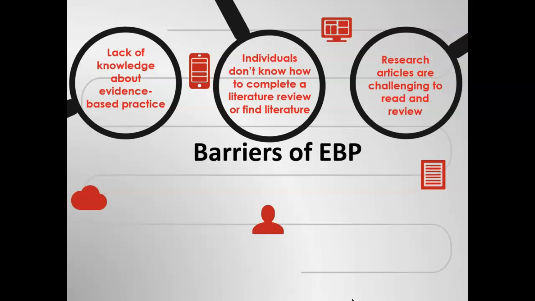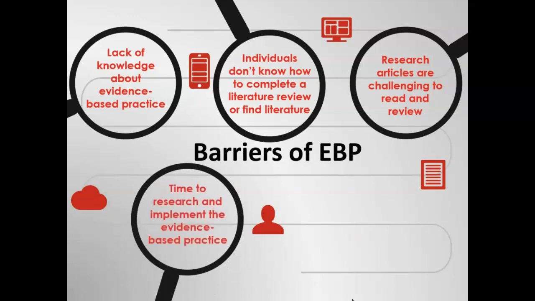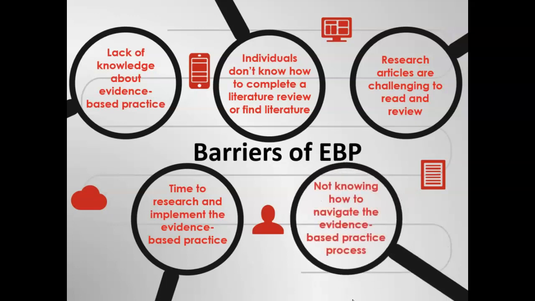Some of them are very difficult. Another one could be the time it takes to research and implement evidence-based practice. That's a lot of time it takes to implement something. It really does. And the last one is not knowing how to navigate the evidence-based practice process. Every place that you work, there could be a different way to implement. Even if you find out in the evidence this new way of doing something, how do you change practice at the place that you work?